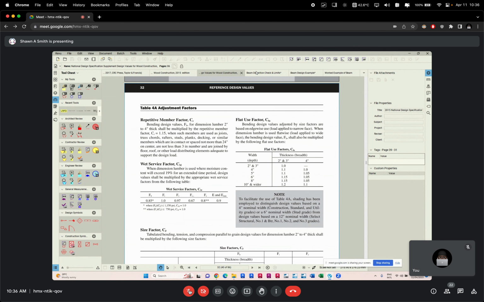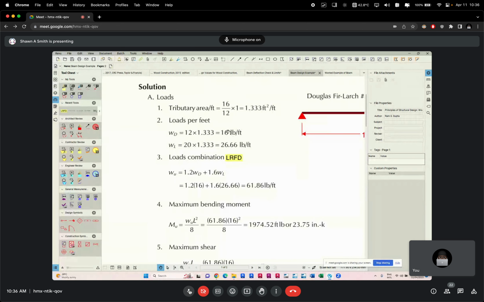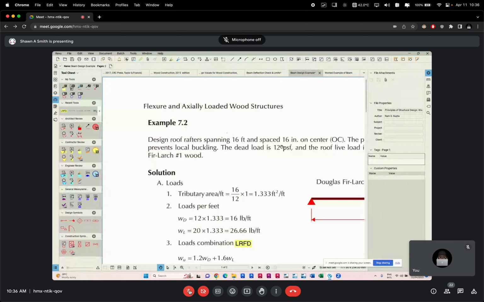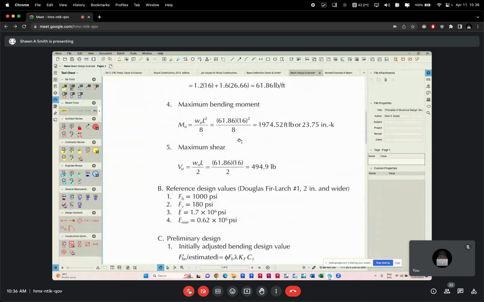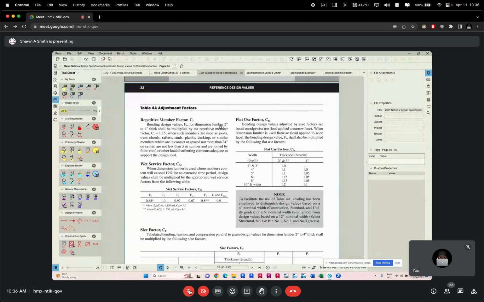All right. In our case, our spacing is at 16 inches, so it's less than 2 feet. So already we meet 2 criteria. The element size is 2 inches thick, so it's within this range, and they are less than 2 feet apart. That means CR equal 1.15 for us.